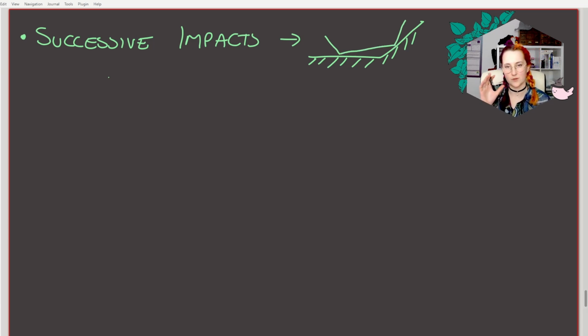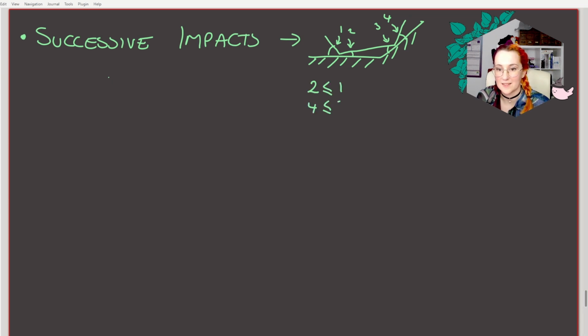If you've ever watched those TikTok videos where things are bouncing in a hexagon, it's cool stuff. But the same rule always applies, so eventually it's going to run out of energy, because if that's angle 1, angle 2, angle 3, and angle 4, then 2 is going to be less than or equal to 1, and 4 is going to be less than or equal to 3.